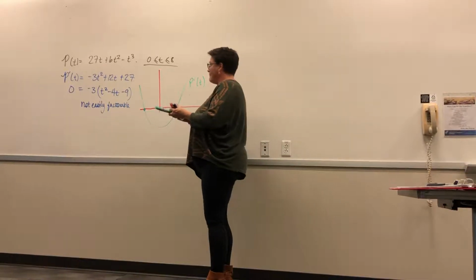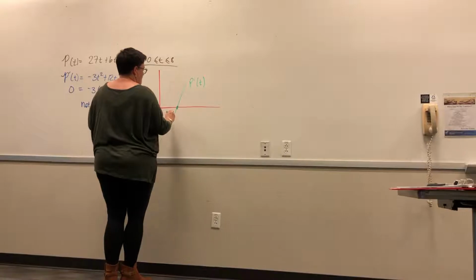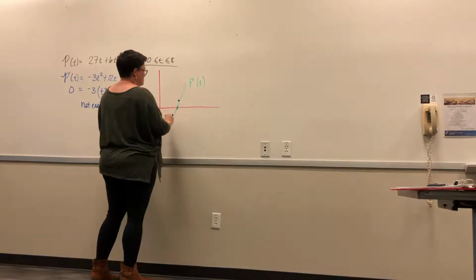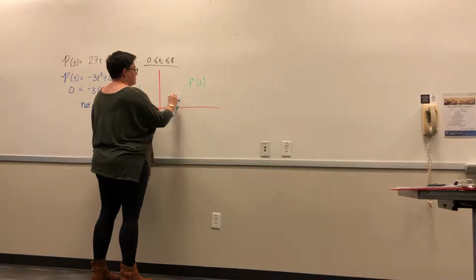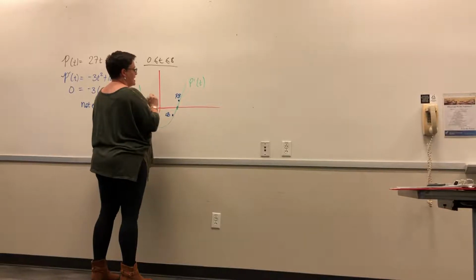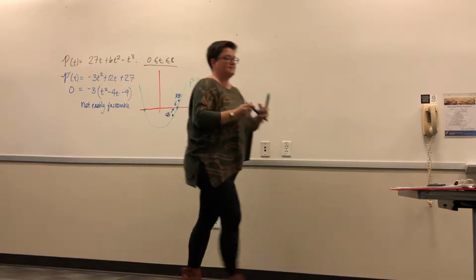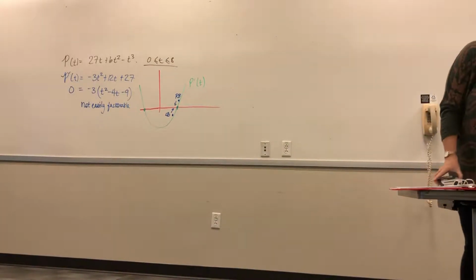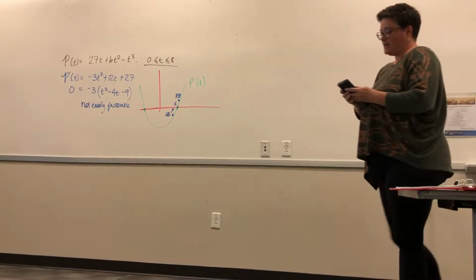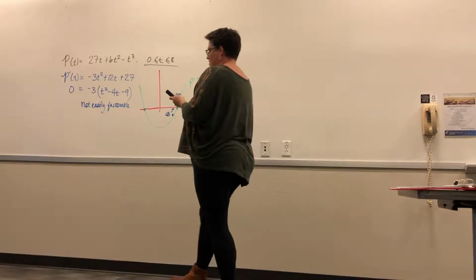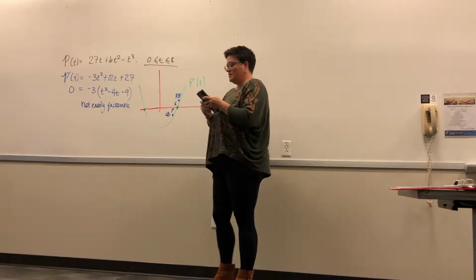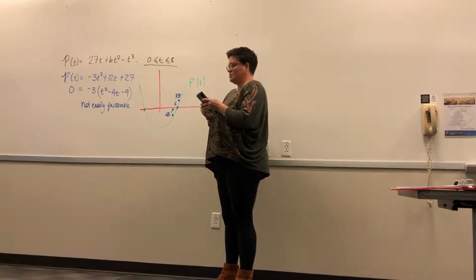So in order to find this, you need to do second calculate zeros, and you're gonna do left bound, right bound, and then guess. You're basically making the cars crash over the X value you want. Second calculate is above trace, arrow down to 0. Left bound, you want the cursor a little bit to the left of that point.